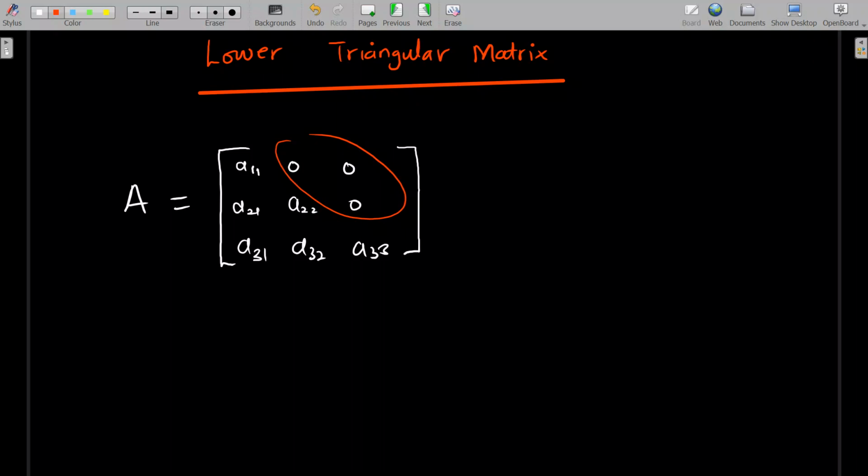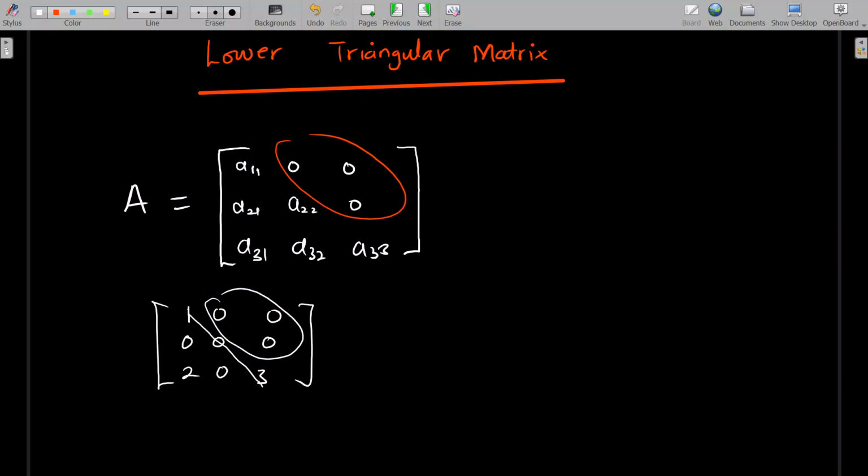You have your values at this part of the matrix. An example of such a matrix is 0, 0 again, maybe 2, 0, maybe 3. Once you see that every element above the diagonal is zero, this is a lower triangular matrix.